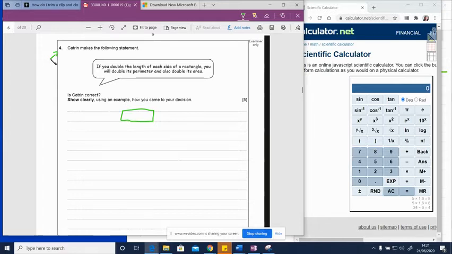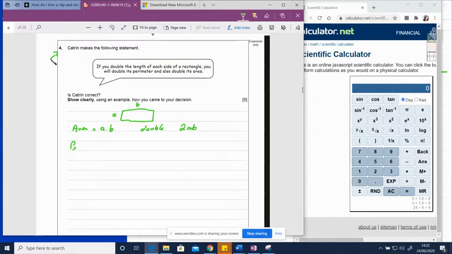I'm going to call the length of its side A and the width B. So I'm going to first work out the area of this rectangle. And the area of any rectangle is simply the length times the width. So it's A times B. If I double the area, I simply multiply AB times 2, so it's 2AB.